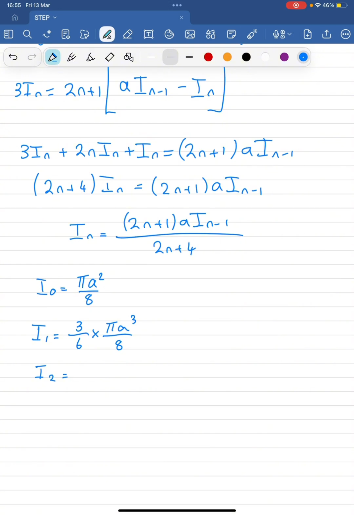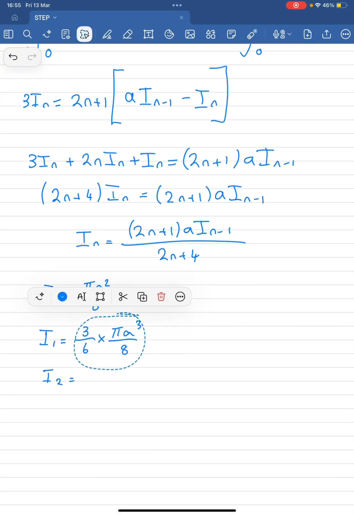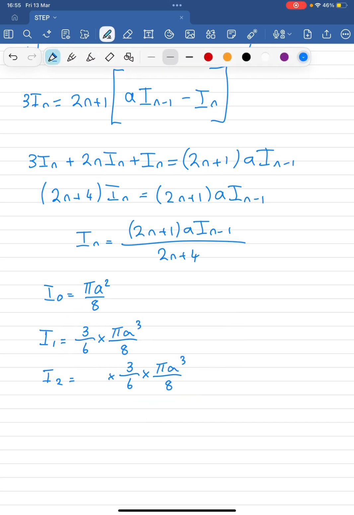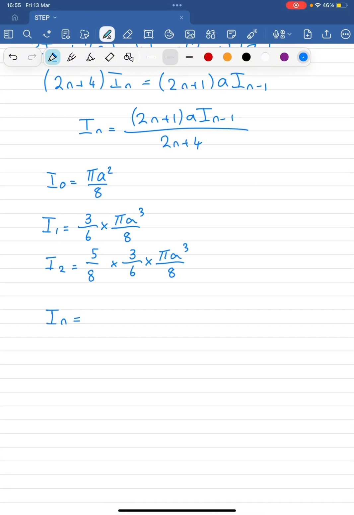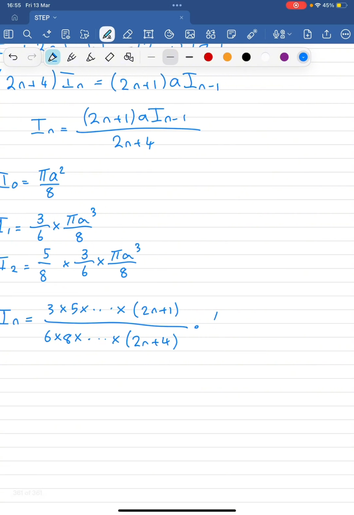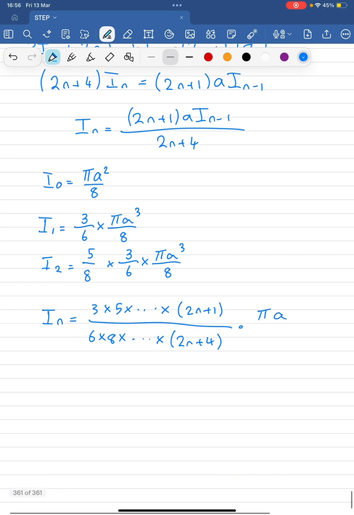I 2 would be this part times 5 over 8. So if we generalize this for I n, then I n would just be 3 times 5 times and so on up to 2n plus 1, over 6 times 8 times and so on up to 2n plus 4, and then we're multiplying that by pi a to the power of n plus 2 over 8, because we're adding on an a each time.